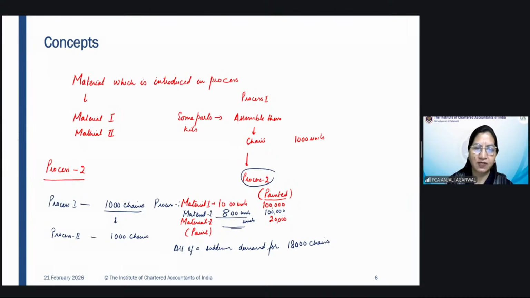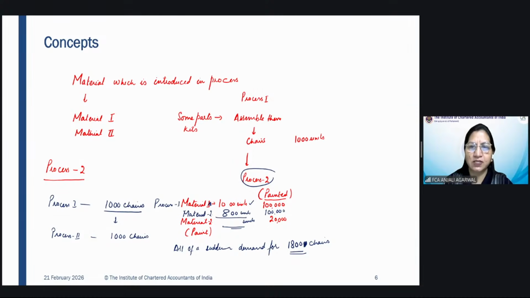So from process one, you receive material 1,000 units costing 100,000. Then it is specifically said that all of a sudden the demand for the output of the finished product increased. And let's say the market demanded 1800 units or 1800 chairs. So if the market demands further 1800 chairs, 1000 units is already coming from process one on which you will be painting them, but still you are short of 800 chairs.